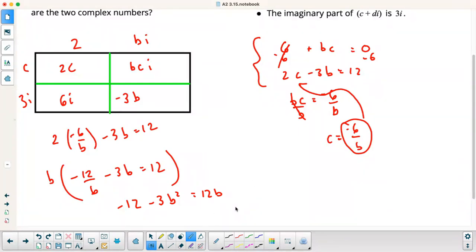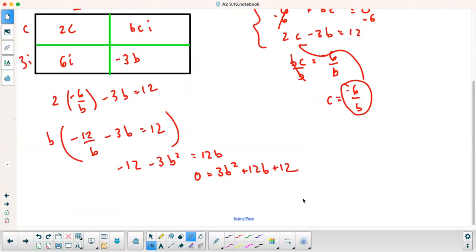And then let's move everything over to the right. I get 0 equals 3B squared plus 12B plus 12. And now we've got to get this thing factored. So factor out a 3.